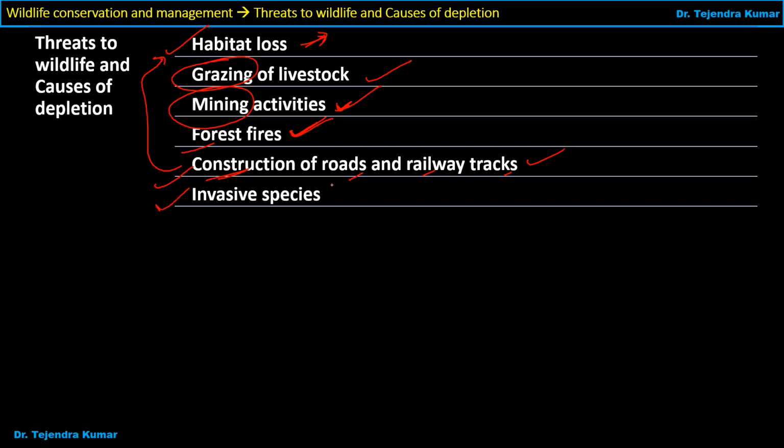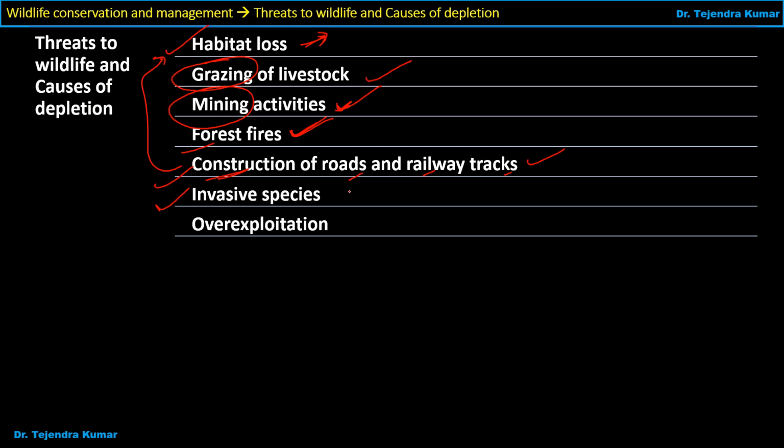As I gave you one example in conservation ethics, you have seen that invasive species are harming those native species. So if the number of invasive species is increasing, it means they are encroaching on their area. So it is another type of threat to the wildlife, reducing the wildlife.